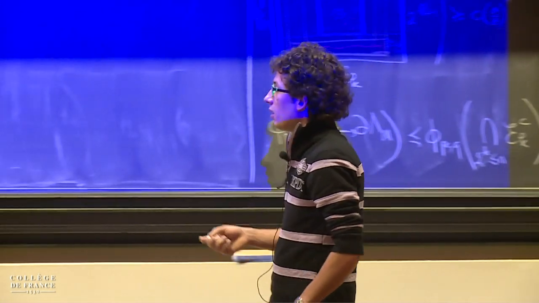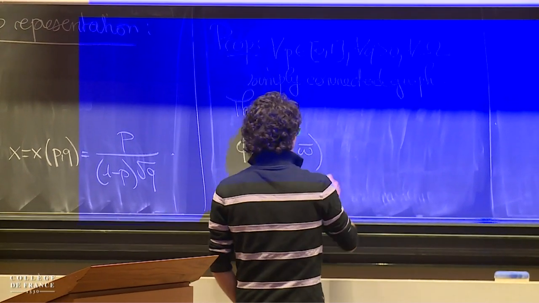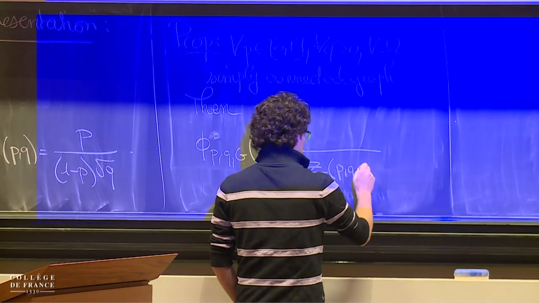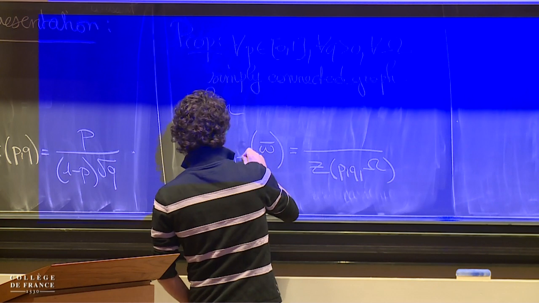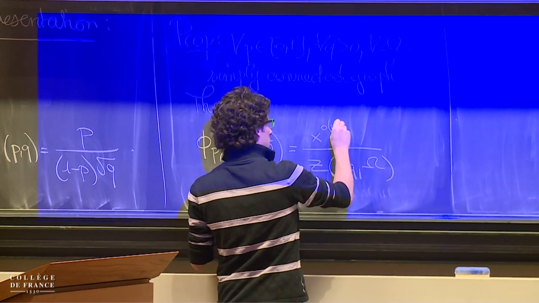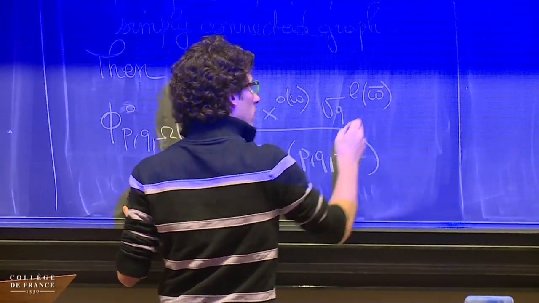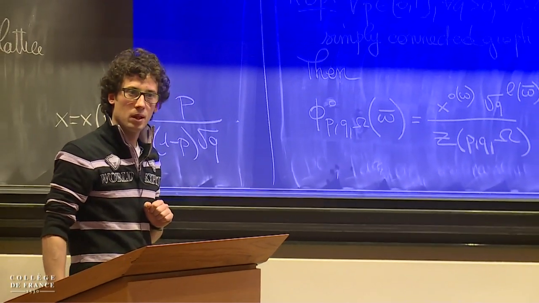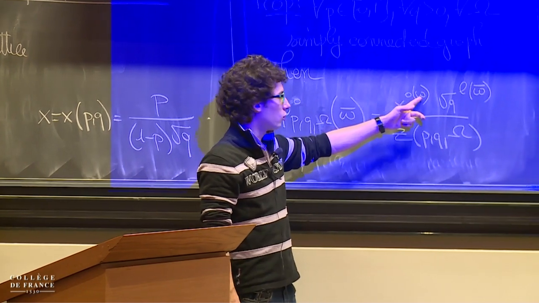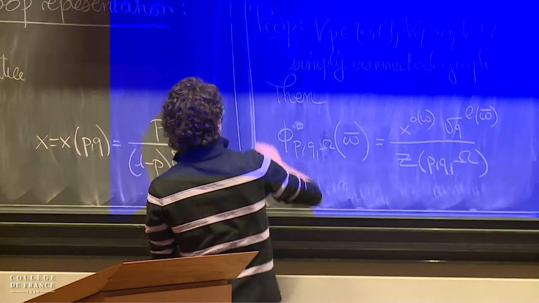So this property says the law of omega bar is simply, up to a renormalizing factor, x to the number of open edges times square root of q to the number of loops in my configuration omega bar. So you can express the probability of the configuration in terms of the number of open edges of the original configuration times square root of q to the number of loops.